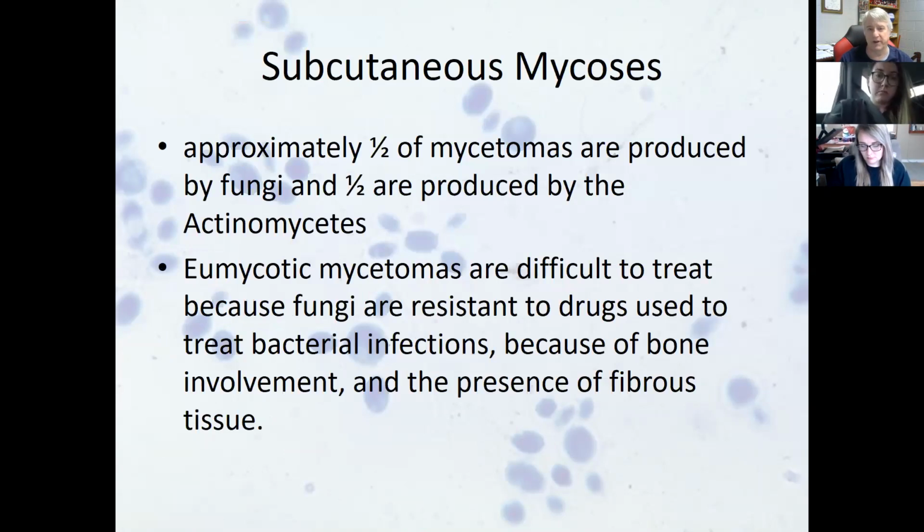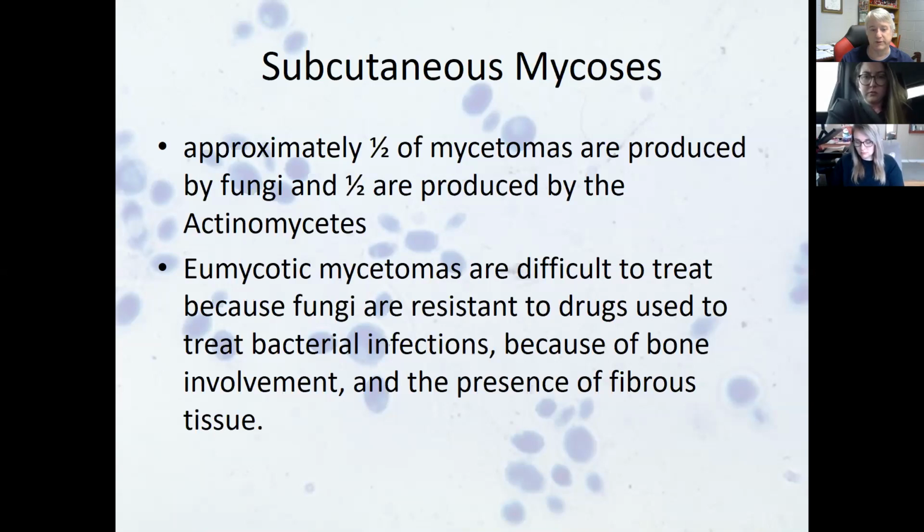With these subcutaneous mycoses, it's going to bring back a memory from earlier in micro: half of these mycetomas are produced by fungi and the other half are produced by actinomycetes, right? So remember that is bacteria, I think it's an anaerobe, right? Actinomyces, that resembles fungi.